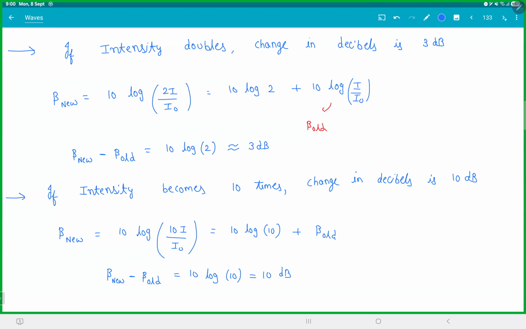There was a question like this one in some PYQ or some CET or BITS. Let's say at 50 decibels, the intensity is I. If the sound becomes 100 decibels, then what will be the intensity? If intensity I gives you 50 decibels, then for 100 decibels, what should be the intensity? What do you guys think?